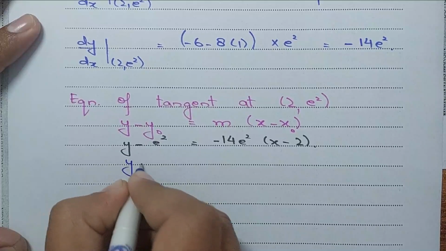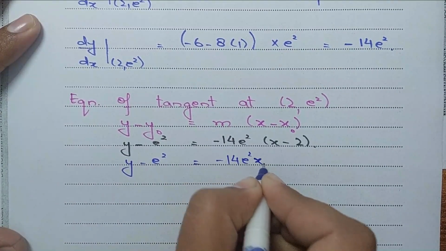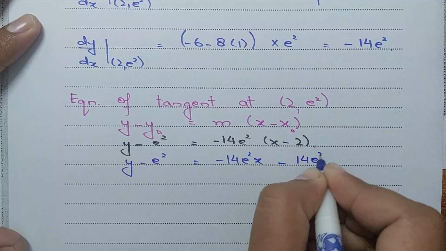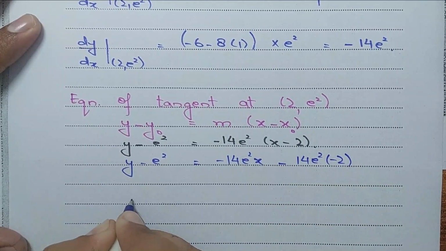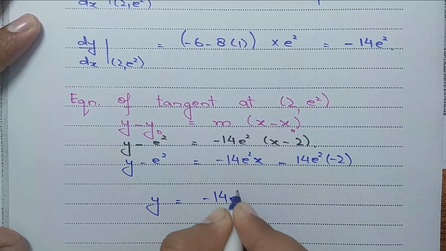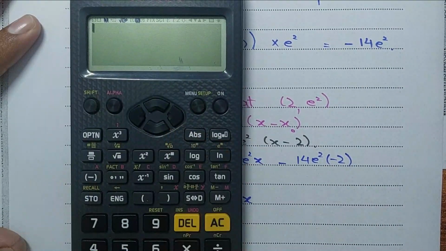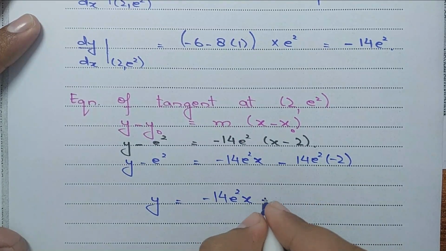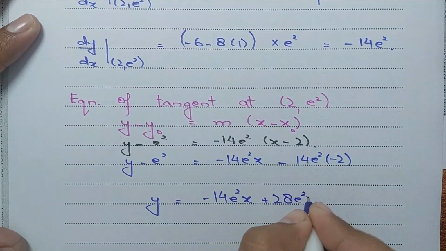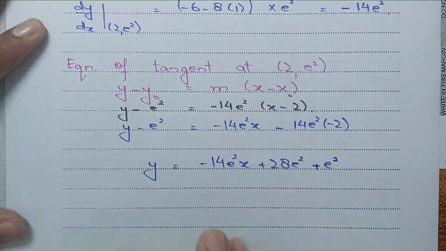Okay, so y minus e square is minus 14 e square with x and minus 14 e square with negative 2. So here y is equal to minus 14 e square x, and minus times minus, 14 times 2 is 28, plus 28 e square, and shift this e square to the other side, it becomes positive.